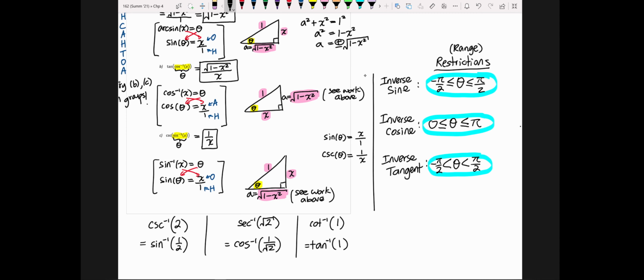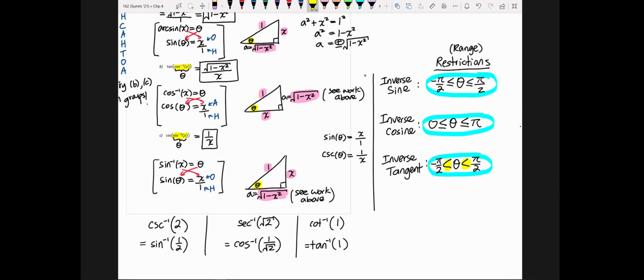Oh, yeah, let me clarify. For inverse sine, we said theta is between negative pi over 2 and pi over 2. For inverse cosine, theta is between 0 and pi. So for inverse sine and inverse cosine, these ranges are inclusive. For inverse tangent, it's exclusive. So inverse tangent is between negative pi over 2 and pi over 2.